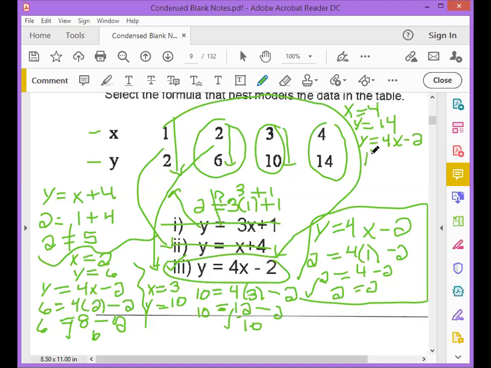So that gives us 14 equals 4 times x, 4 we're substituting for x, and then minus the 2. 4 times 4 gives us 16 minus 2. We're checking to see if that gives us 14, and it does. So it checks out. So the third one is our answer choice.